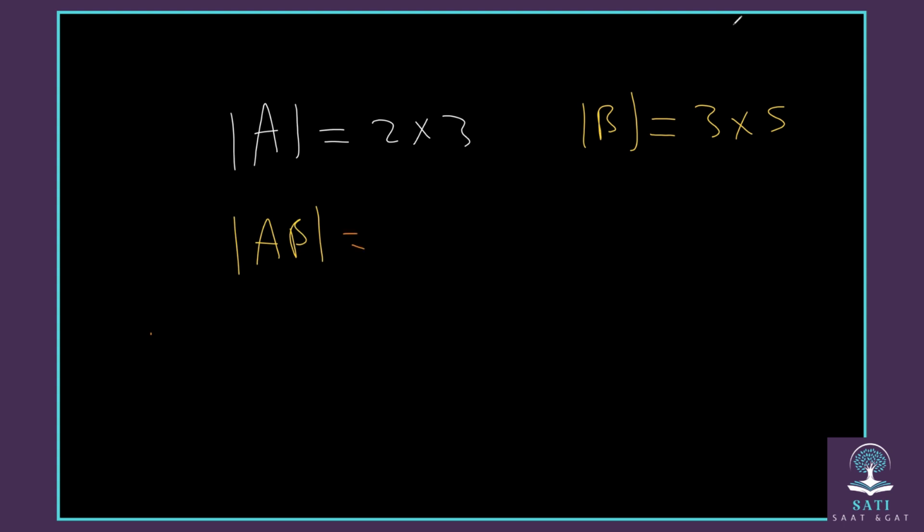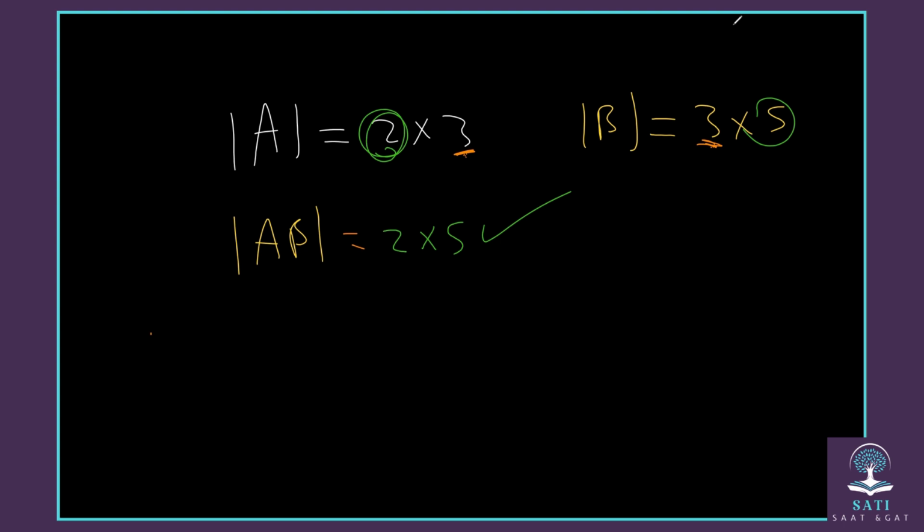As we said, if this number equals this number, we can multiply, because the columns, 3, equal the rows, 3. When I multiply them, the result will be this number times this number, so the order of the result will be 2 times 5. This is one question.